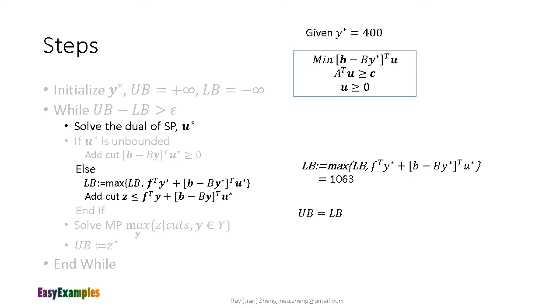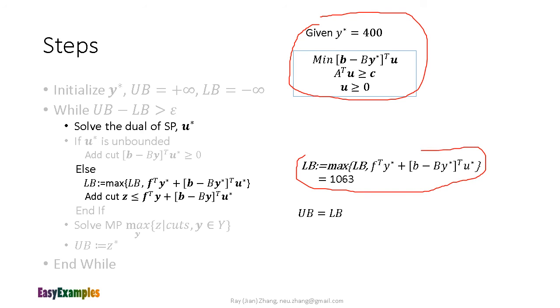We solve the dual of the subproblem given y star equals to 400, and we update the lower bound. Here we see that lower bound equals to 1063, and it is equal to the upper bound, which means that we should stop our iteration here.